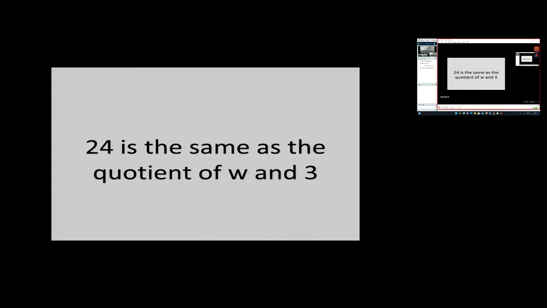24 is the same as the quotient of W and 3. 24 is the same as, what is the same as? Equals. Quotient. Quotient is the fraction form. W and 3. Now, please write it on the board.